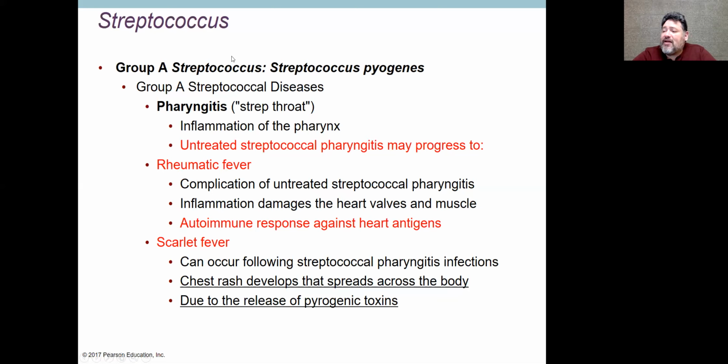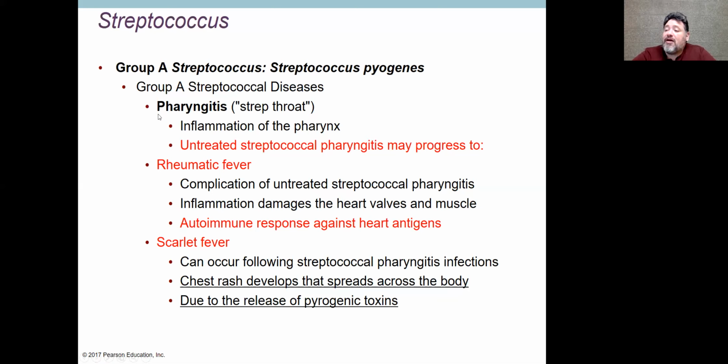And like I said, that's when Streptococcus pyogenes goes into the heart, attaches itself to the inner lining, and in particular the heart valves. It modifies the surface antigens of the heart valves so that they're no longer recognized by your own body. And then your body launches an autoimmune response against the heart antigens, consuming the valves. This is a big problem. You cannot have the valves of the heart be consumed, or your heart function goes down.